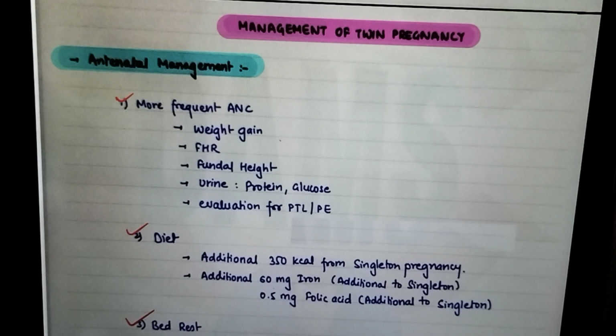We must do evaluation for preterm labor or preeclampsia. Diet: additional 350 kilocalories should be added to that of a singleton pregnancy. Additional 60 milligrams of iron and 0.5 milligram folic acid should be added in addition to singleton.